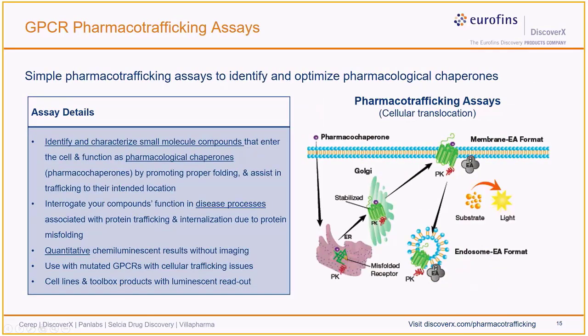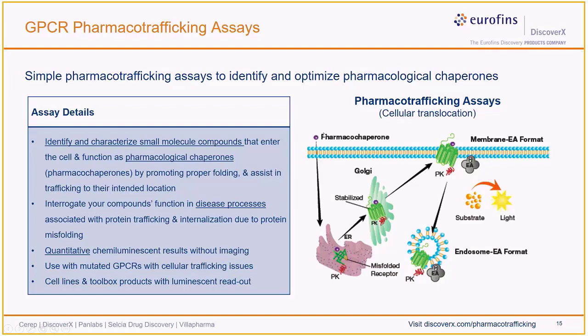Next is kind of a unique flavor of our GPCRs. I'll have a video for this available for you. It's looking at pharmacotrafficking assays to identify and optimize pharmacological chaperones. And what these are, these proteins, these small molecules, promote proper folding and assist in the trafficking of the GPCR to its intended location, which is the membrane, as well as you can monitor this to go internalize as well.